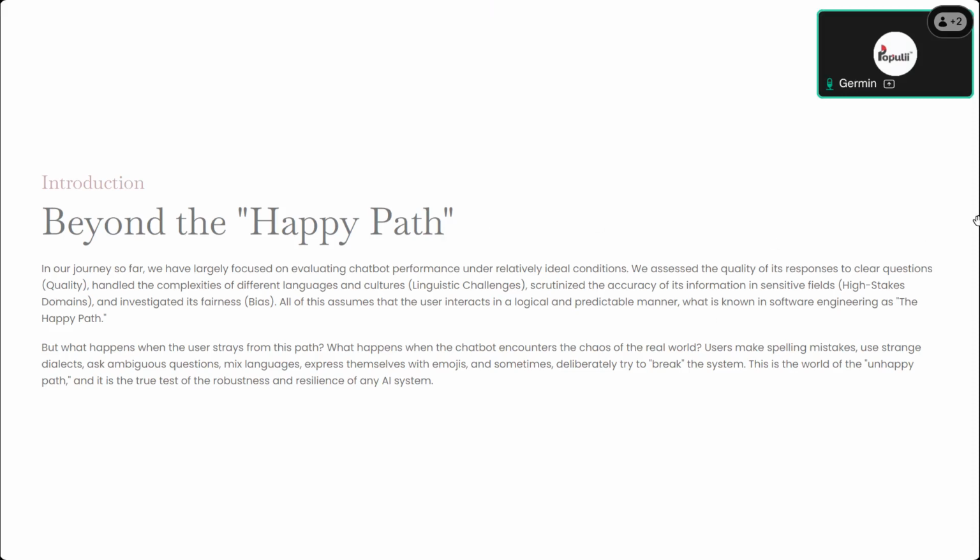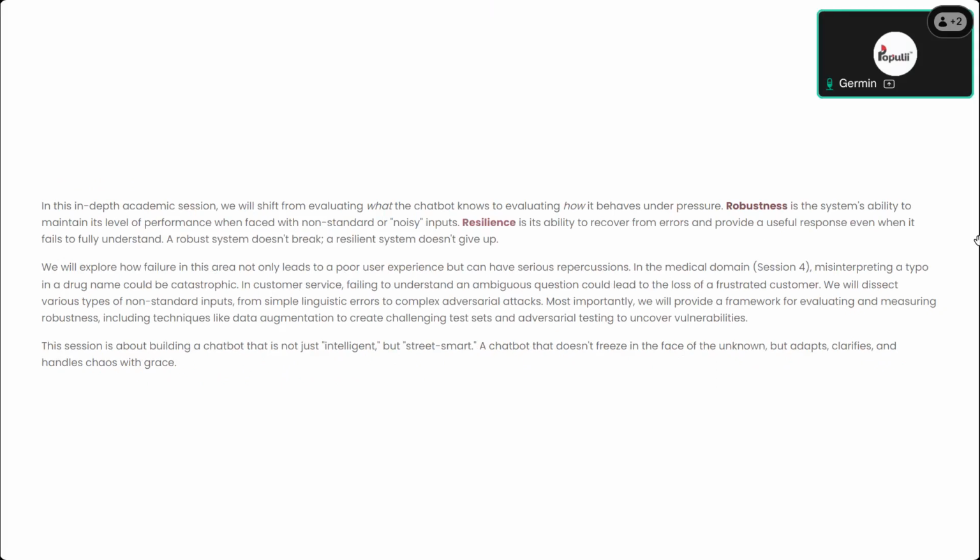Okay, so in this session, we are taking things to the next level. We are moving from evaluating what the chatbot knows to evaluating how it behaves, especially when things get messy or unpredictable. So let's start with two key concepts, robustness and resilience. Robustness is the chatbot's ability to maintain its performance even when it's faced with unusual or unclear or noisy inputs.